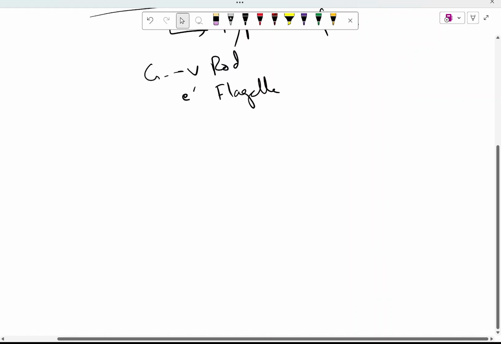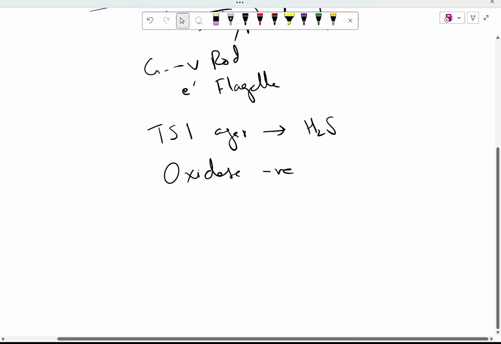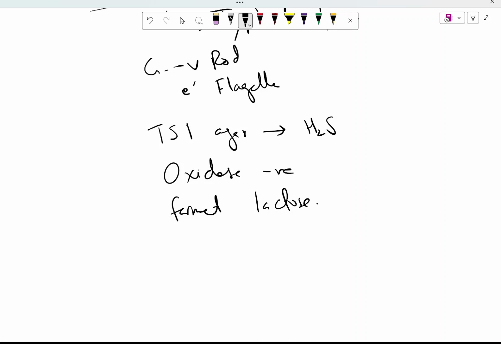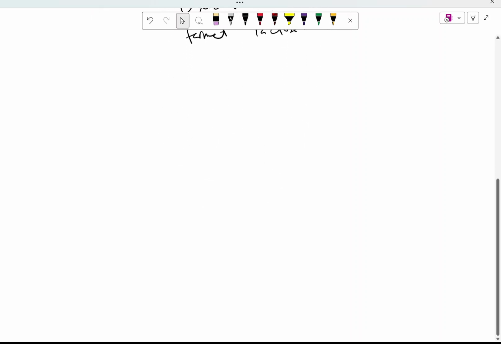If we grow it on TSI agar, it will produce H2S, hydrogen sulfide gas. These are oxidase-negative bacteria and cannot ferment lactose. And what about paratyphoid fever?